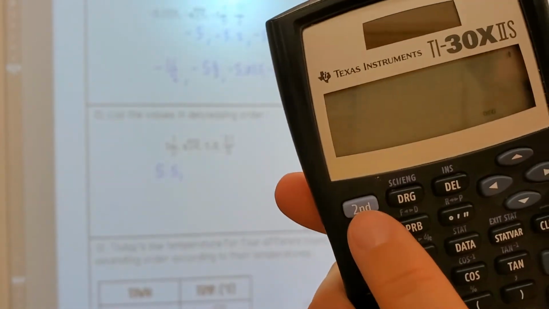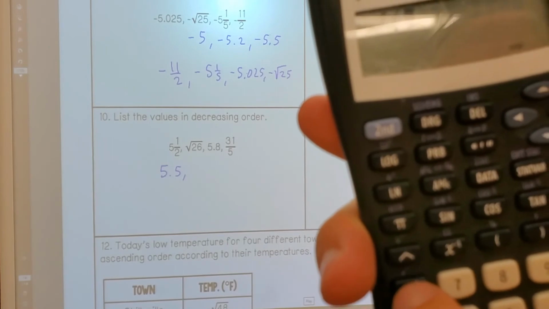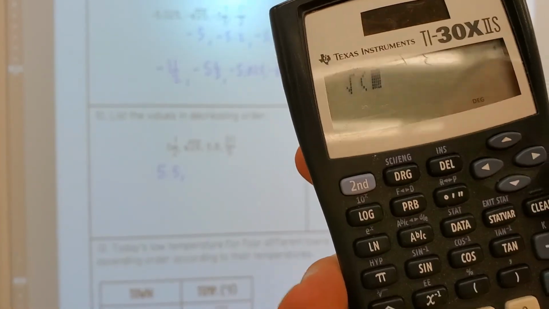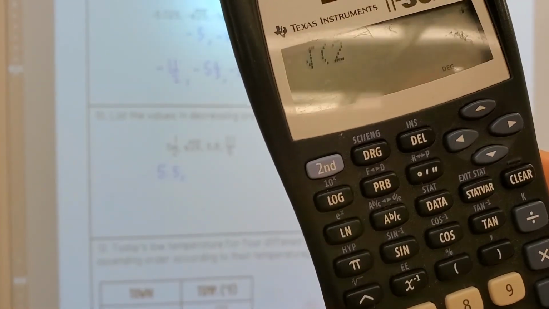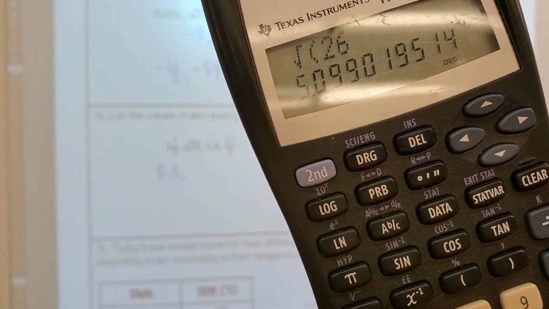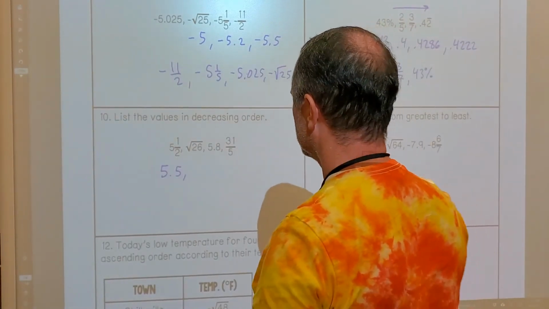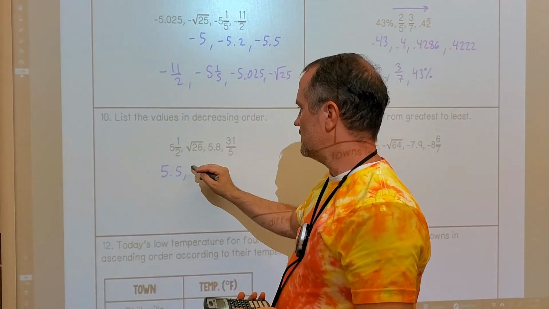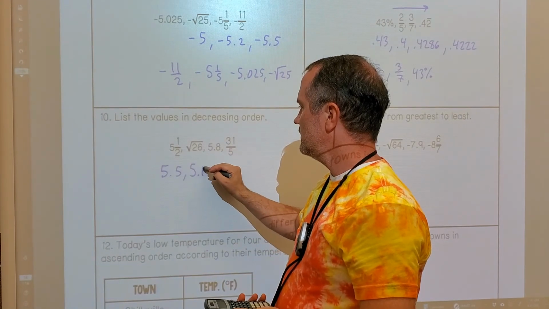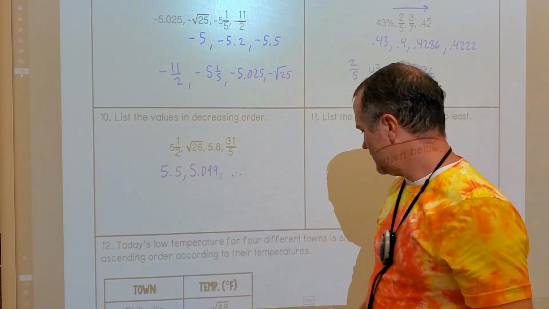I have to hit second function, and then the square root, and then 26. It's 5.09951. So 5.099.